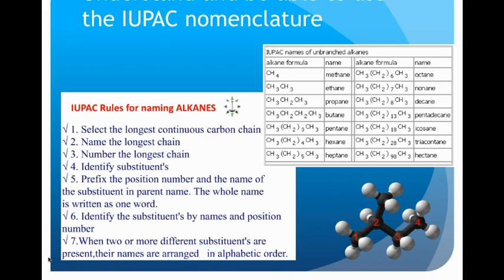With 3 hydrogens, it becomes a methyl group. So, how would you name this compound? It is a 1, 2, 3, 4 butane, but at the number 2 position, there is a methyl group. So it would be called 2-methylbutane.